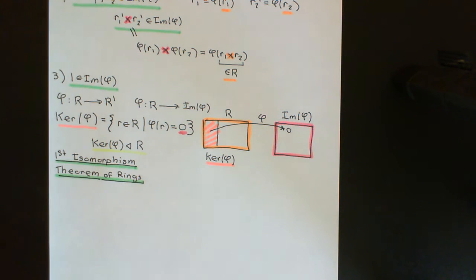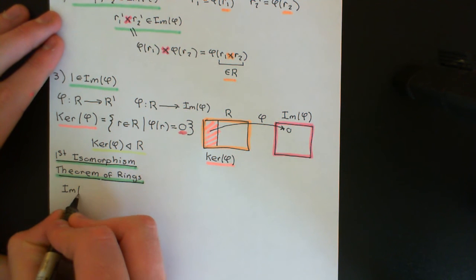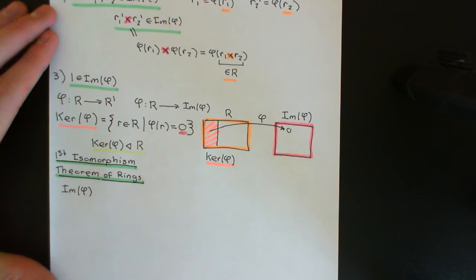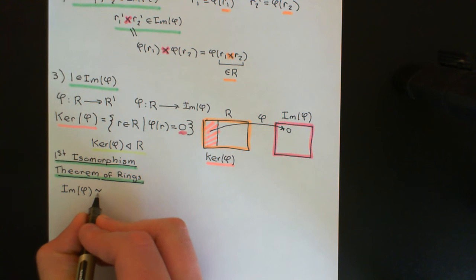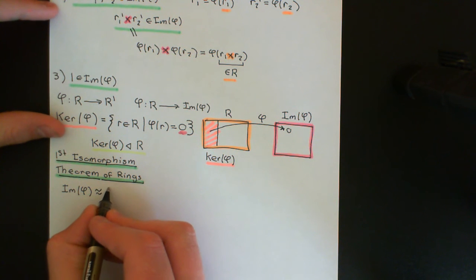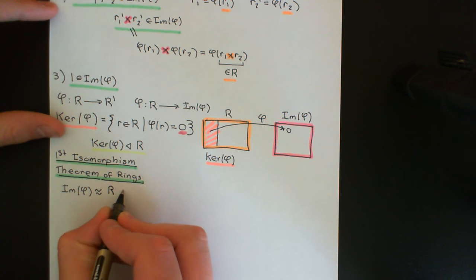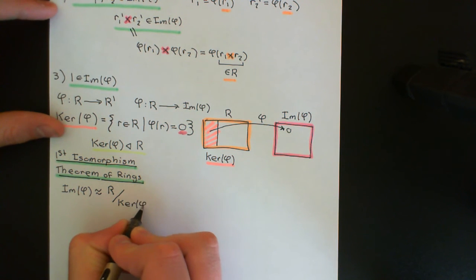So what does this say? This says that the image of a ring homomorphism, and we now know exactly what that is, the subring of the codomain ring which actually has elements from the domain ring being mapped onto it, is isomorphic to, and I'll denote isomorphic like so, the domain ring quotiented out by the ideal which is the kernel of the ring homomorphism.